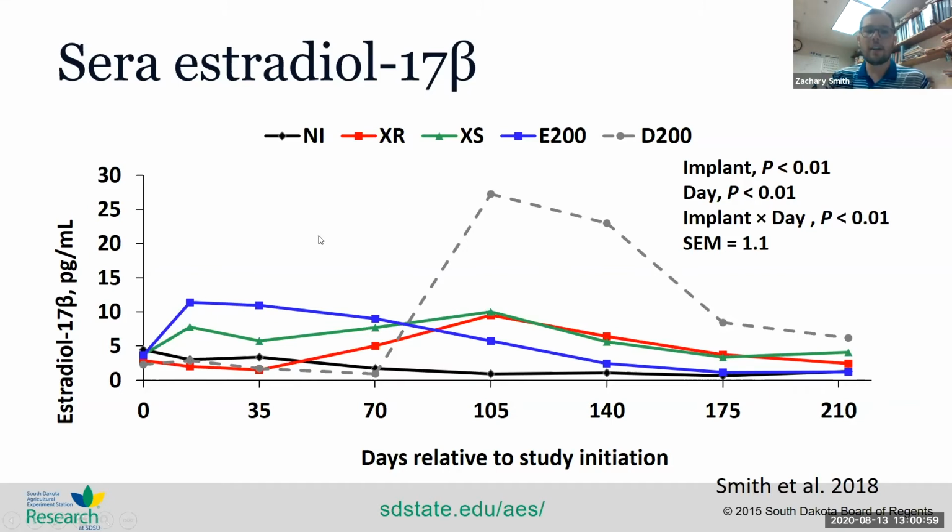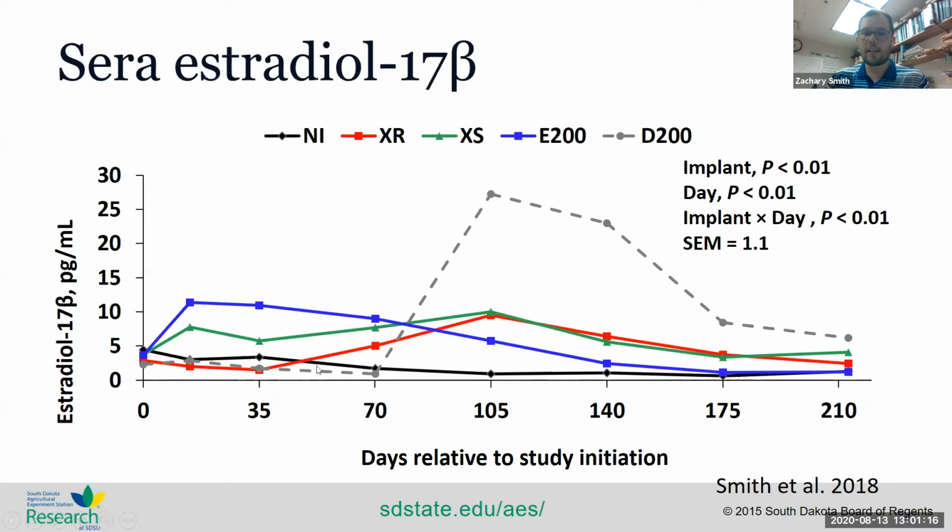And so you can see here, here's the non-coded implant on day 1. Here's the XS. The XS is above 5 picograms per mil all the way out till day 200. This 200 implant on day 1 was pretty well paid out by day 140.